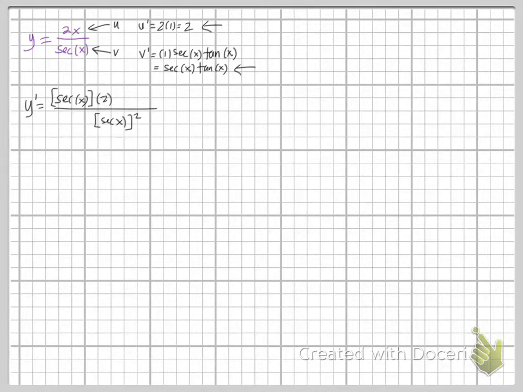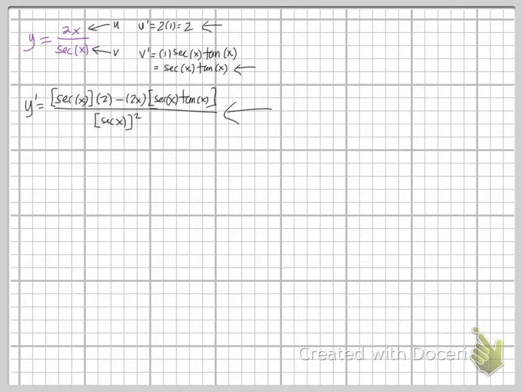I'm going to multiply by 2, minus u, the numerator, just copy 2x, and multiply it by the derivative of the denominator, secant of x times tangent of x. There it is, and this is the derivative.